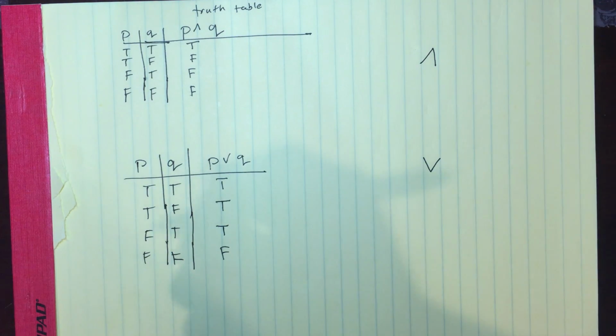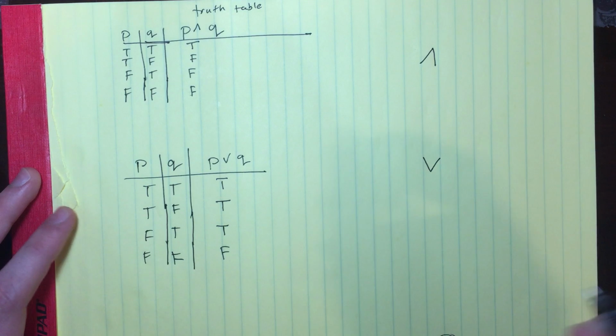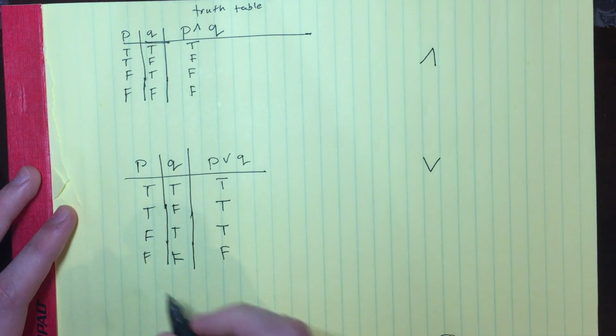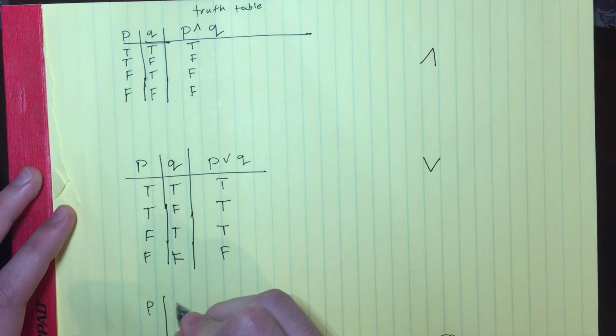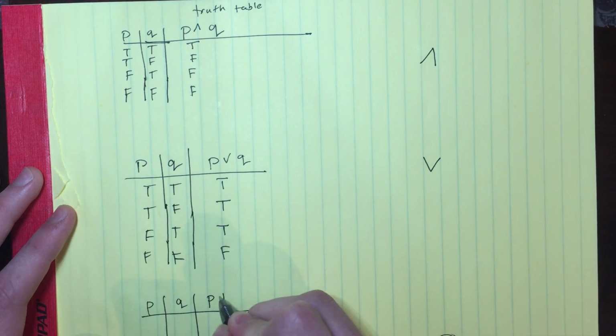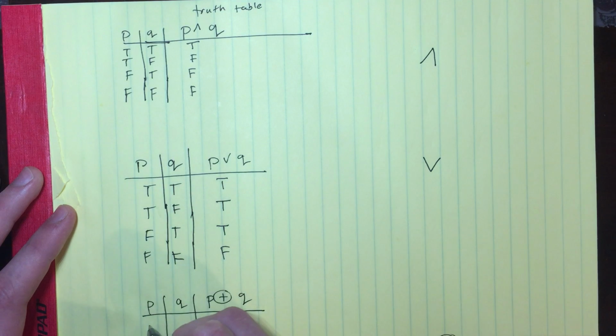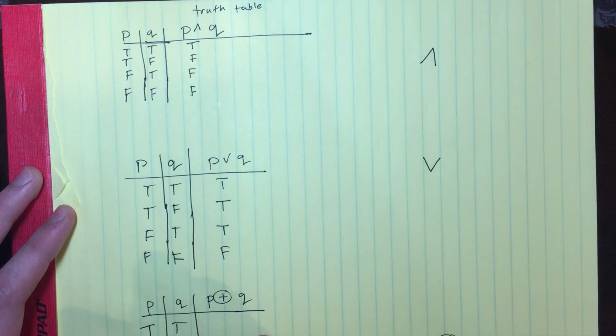And then exclusive OR, you can look up an example of that online, but that's how you would write it out as a propositional statement: P or Q, if it's true, true. This is a T, true, false.